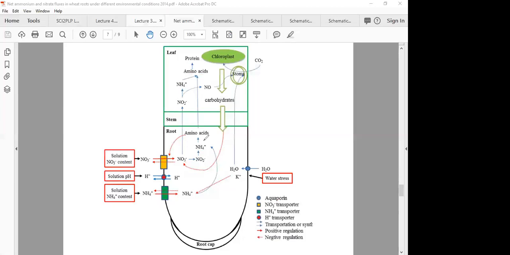Okay, and each of these changes from one form of nitrogen into another is catalyzed, of course, by an enzyme reaction. And one of the important enzymes that we find in this process is called nitrate reductase, or nitrogen reductase, abbreviated to NR.